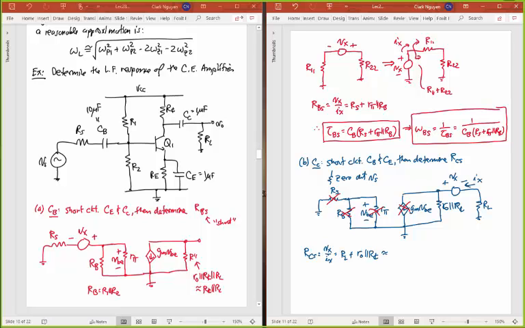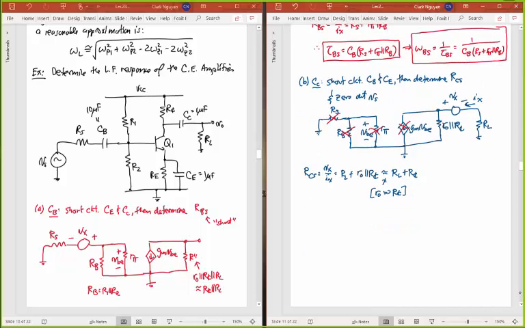And so, since R0 is so big, to me this is really just RL plus RC. I wouldn't even bother calculating R0, because R0 is much greater than RC, which is generally a safe assumption. And so in the end, I can write that time constant, tau CS, is equal to C sub C times RL plus RC.